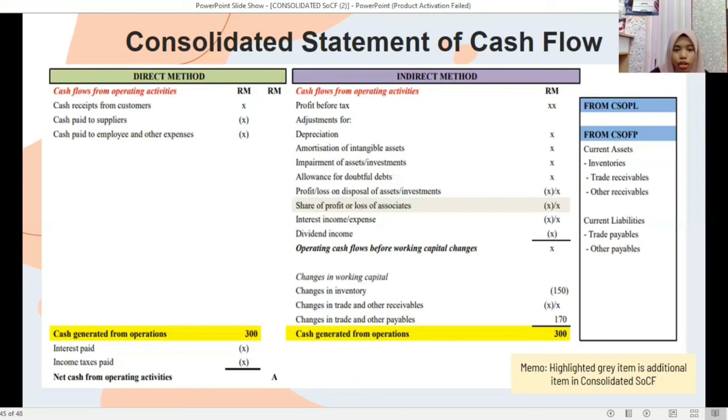So from that we need to add and subtract the change in working capital: change in inventory, change in trade and other receivables, and change in trade and other payables. So from that we will get cash generated from operations. In both methods, from cash generated from operations, we need to minus interest paid and income tax paid to get net cash from operating activity.